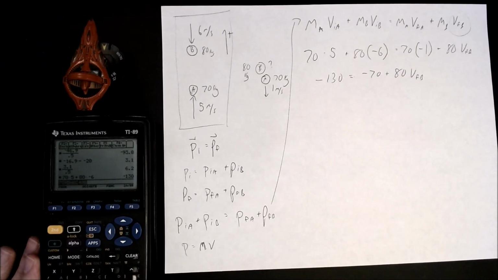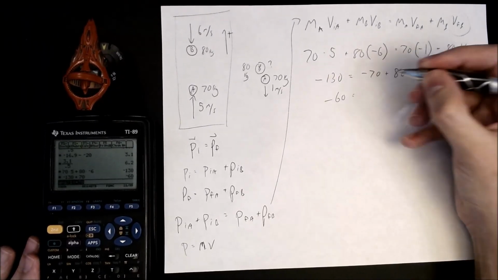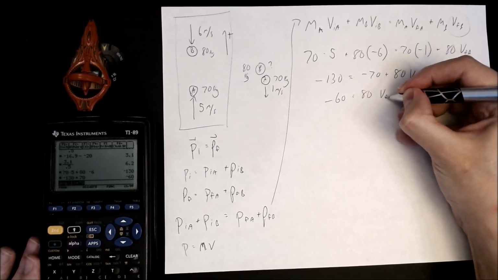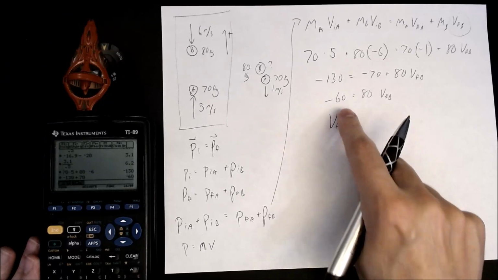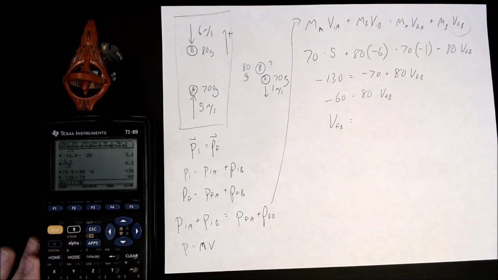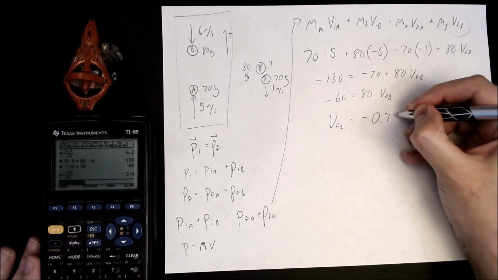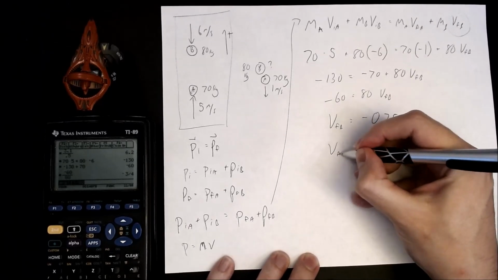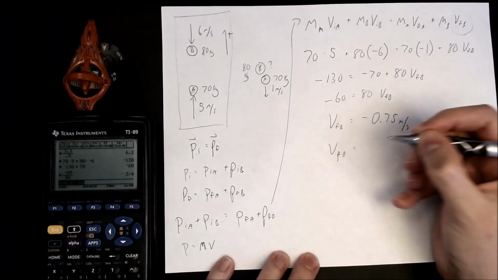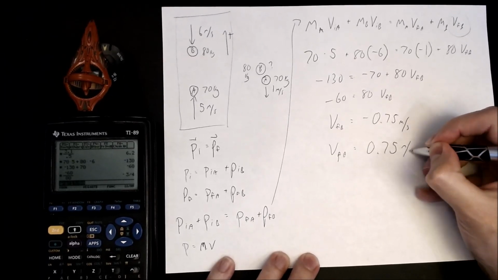Then we can add 70 to both sides, and we get negative 60 is equal to 80 v final Bruce, and then we can say v final Bruce is equal to negative 60 divided by 80, and we get negative 3/4, or negative 0.75 meters per second. Or velocity final Bruce is 0.75 meters per second south.